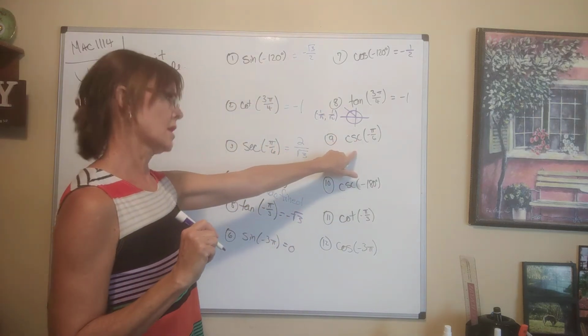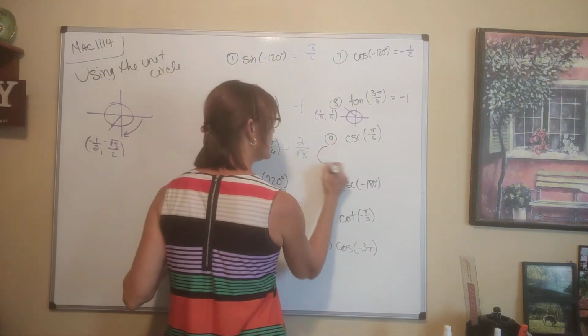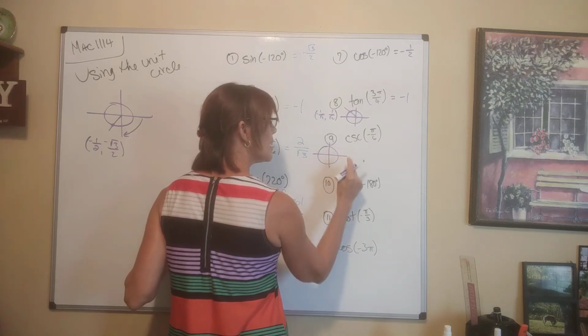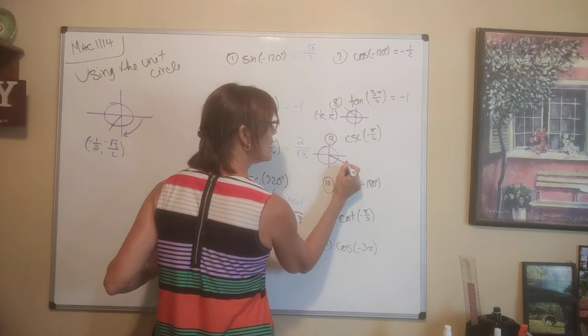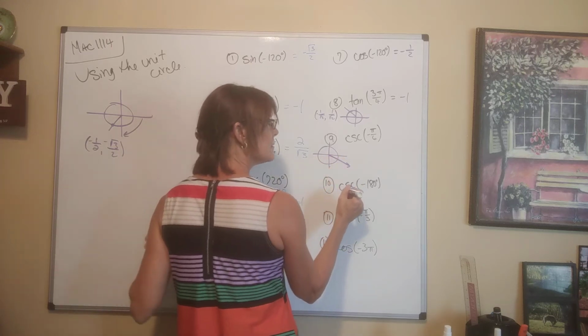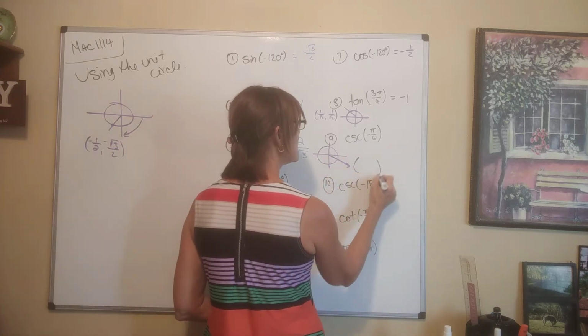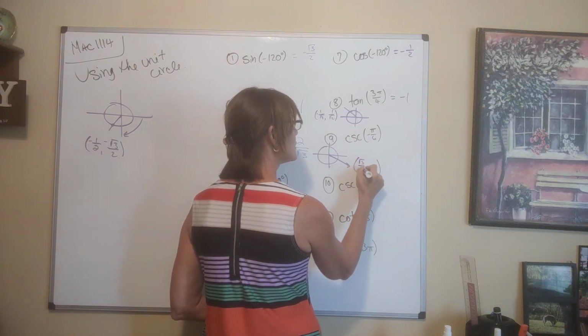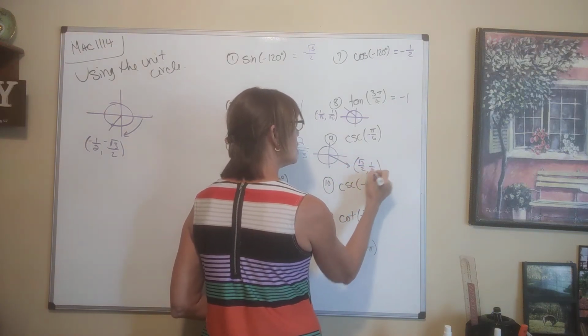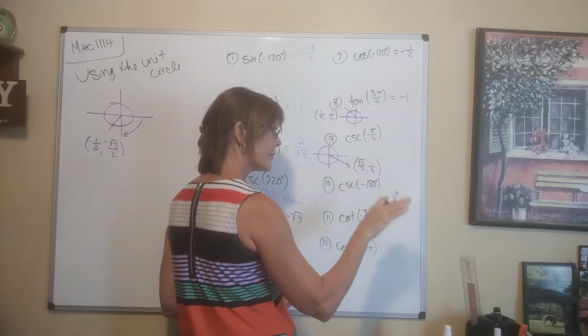The cosecant of negative pi over 6, right here. Negative pi over 6 means we're going clockwise. Negative pi over 6 is here. This is the same thing as a 30, right? So what are the coordinates here? This is going to be a big x, square root of 3 over 2, a small y, 1/2. We're in quadrant 4.